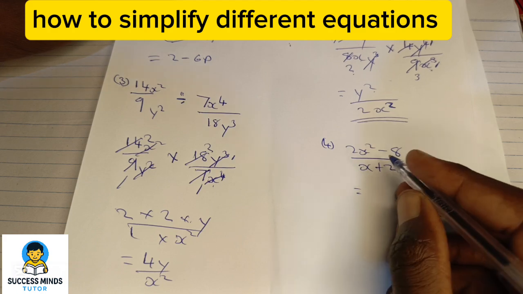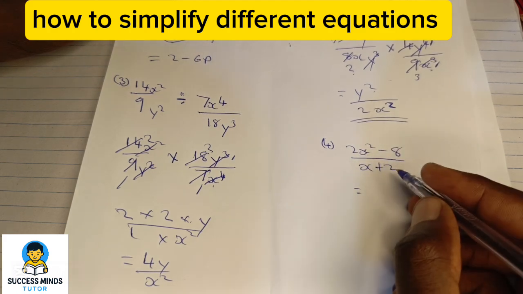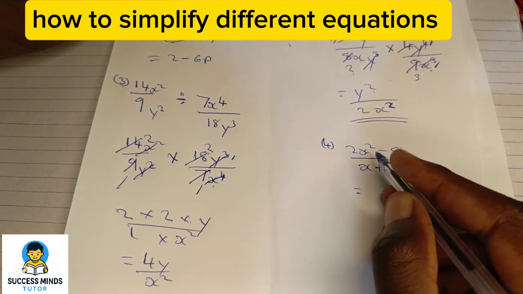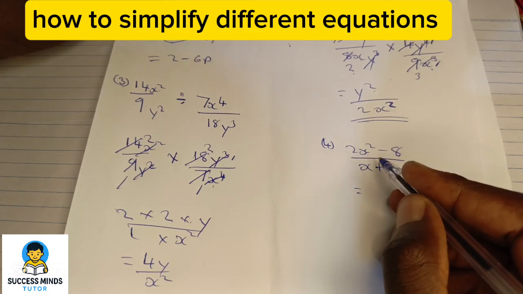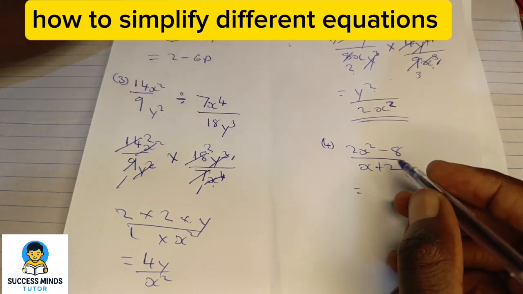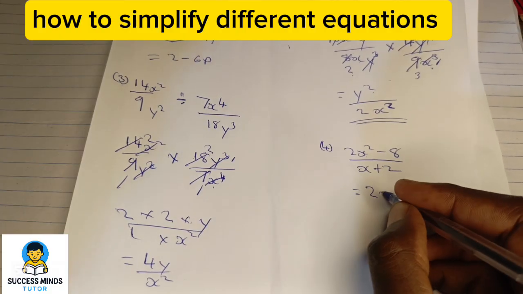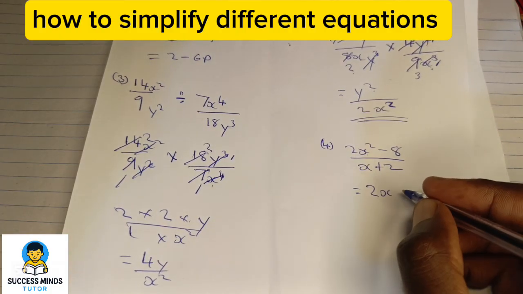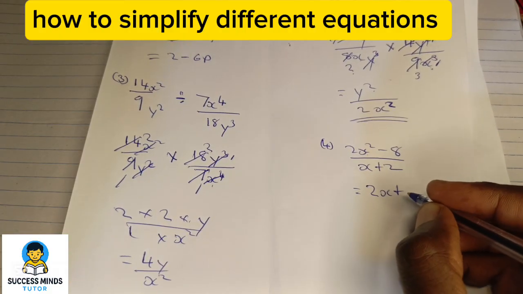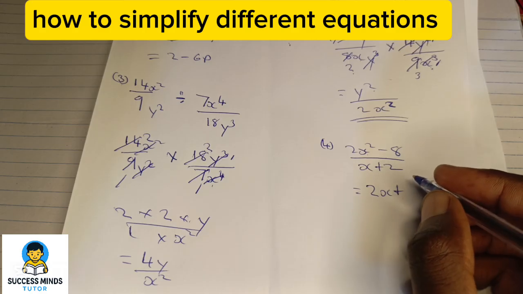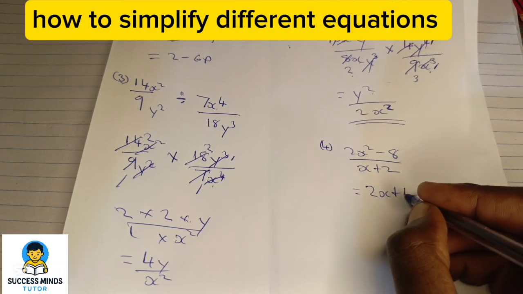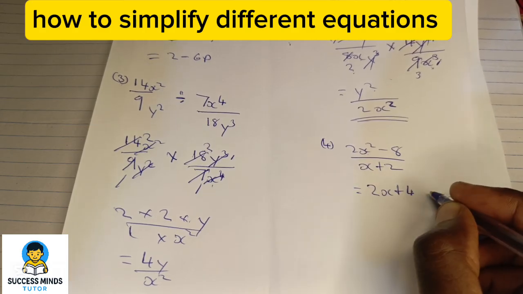So now what we're going to do here, since there is x squared there, we are going to say 2x plus 4.